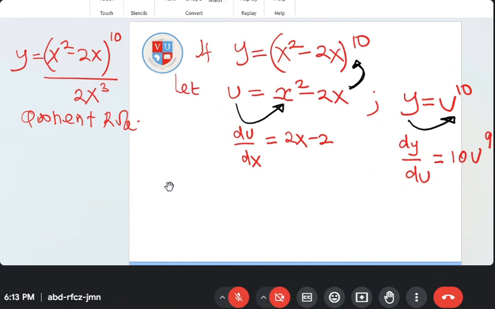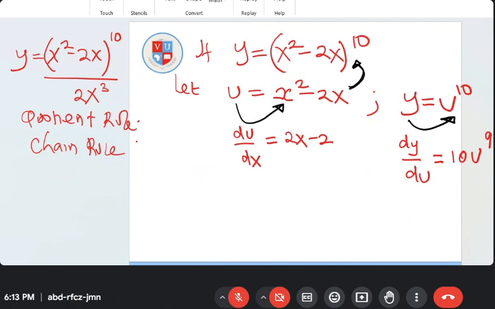At that point, you must apply the chain rule. You must go through what I'm doing now. Okay, sir, can you please apply? Let's see what we get.